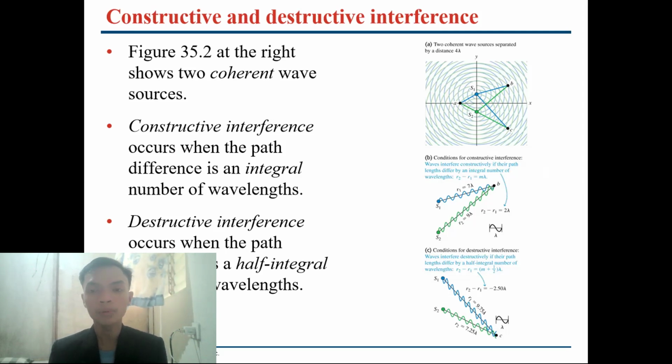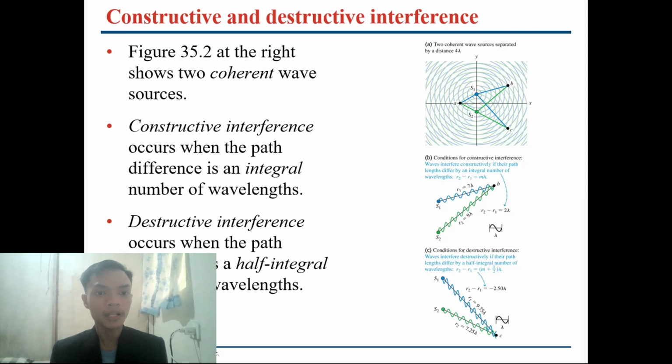So we have r sub 2 minus r sub 1 equal to m times the wavelength. Letter C shows the conditions for destructive interference, in which the waves interfere destructively if their path lengths differ by a half integral number of wavelengths. So we have r sub 2 minus r sub 1 equal to the quantity m plus 1/2 times the wavelength.